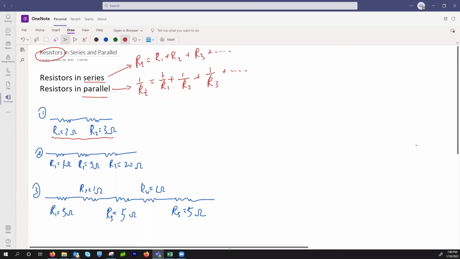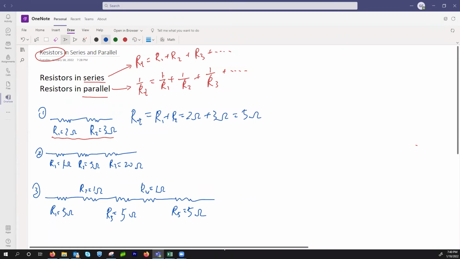The connection of R1 and R2, they are connected in series. So the total value of the resistance RT would be simply add the numbers together. So it will be equal to R1 plus R2 equal to 2 ohm plus 3 ohm equal to 5 ohm.